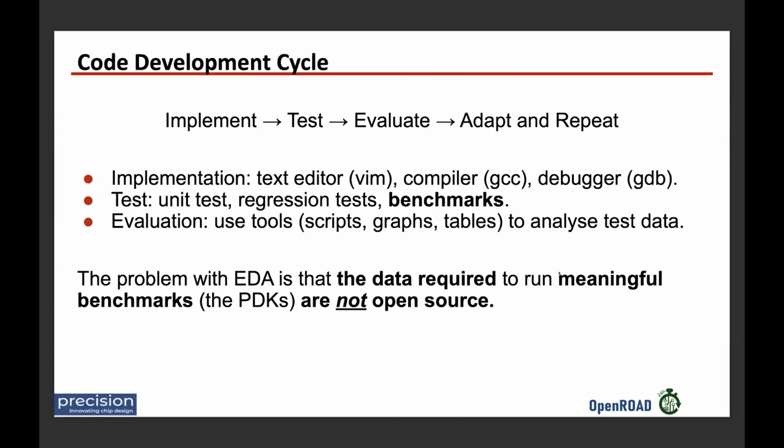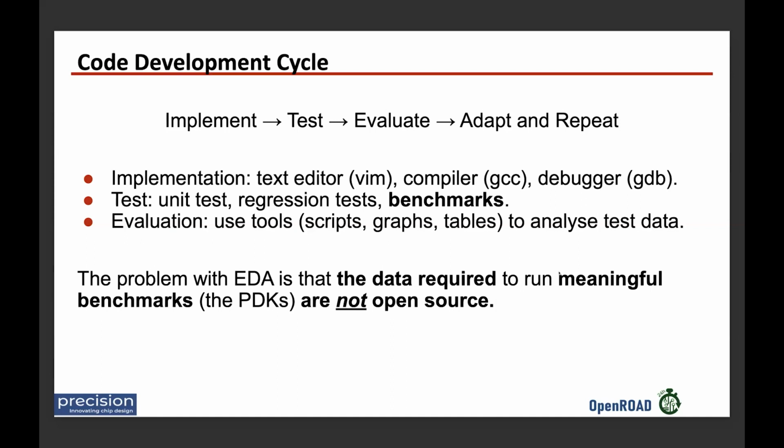So the basic code development cycle is that you have an idea, you implement the idea, you test it, evaluate, and then adapt and repeat. For the implementation, you can use any text editor; a simple compiler and debugger should be enough to deploy your code. For test, you can always write your own unit tests and regression tests.